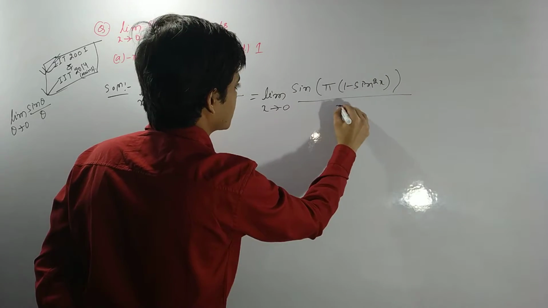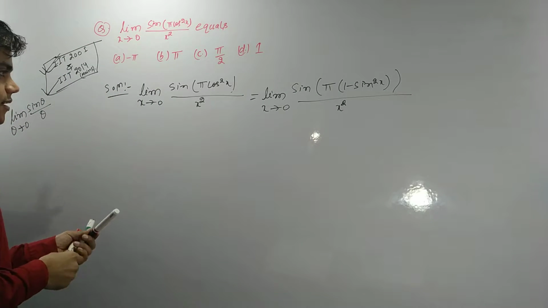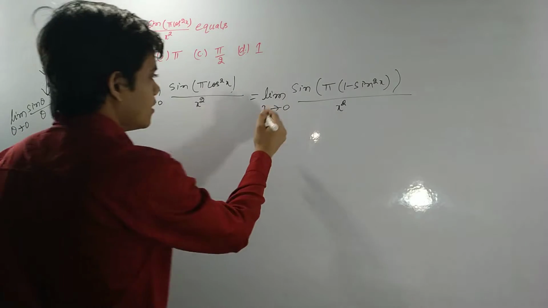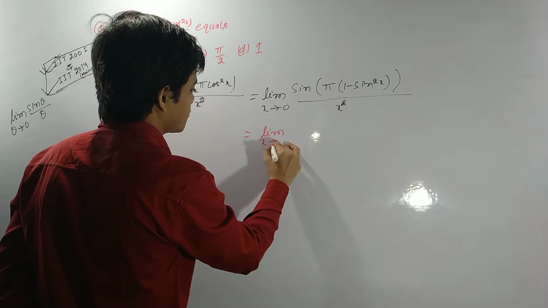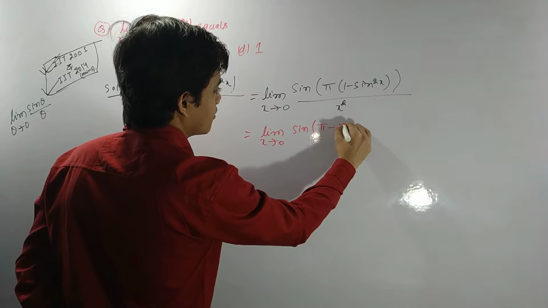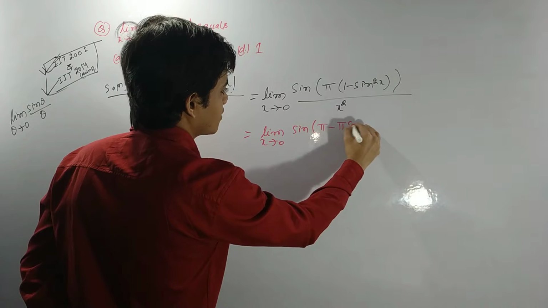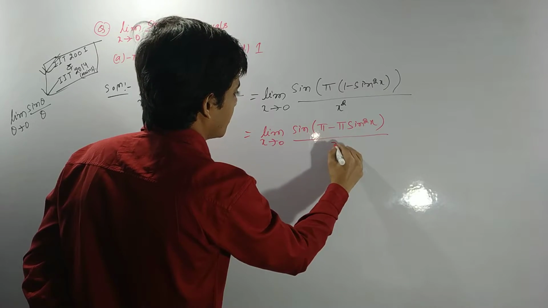Certainly you know this, cos square x is equal to 1 minus sine square x. So from here you can write limit x tends to 0 sine of pi minus pi sine square x upon x square.